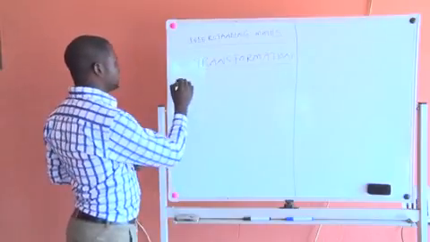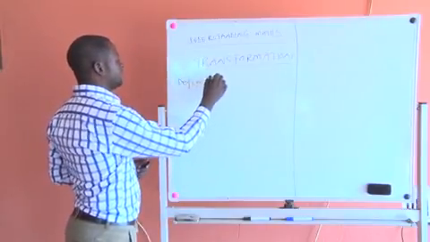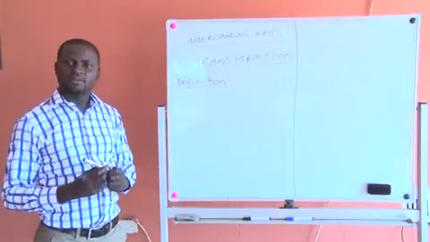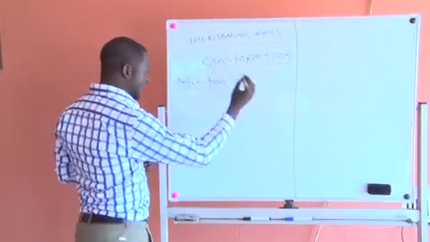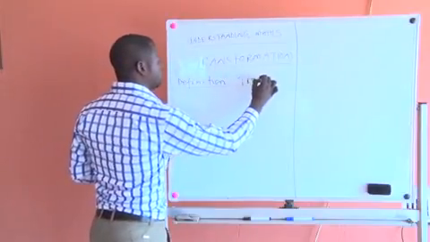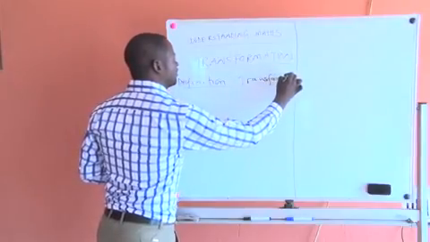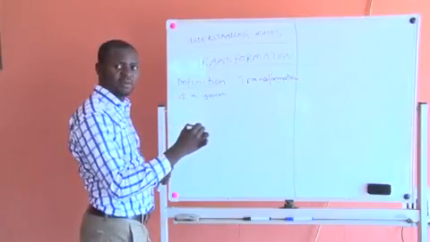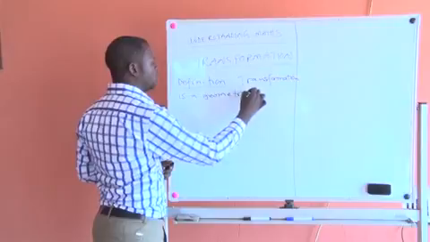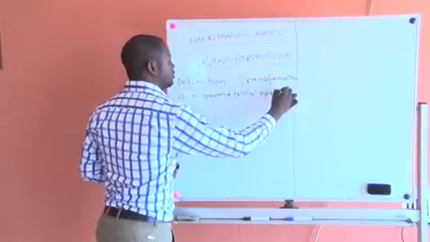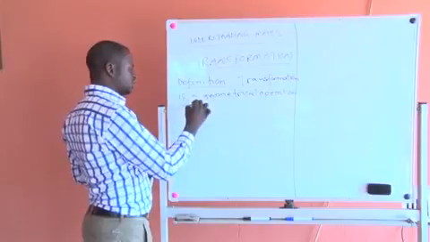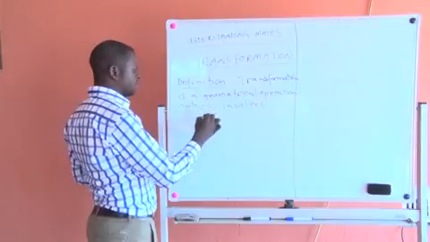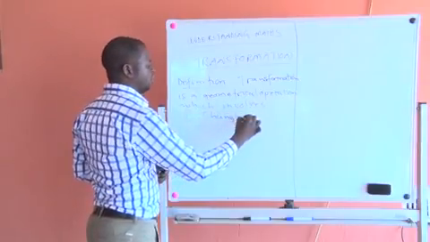So we are going to start first of all by defining what transformation is. To transform simply means to change. So I'll define transformation as a geometrical operation, because it deals with geometries. It's a geometrical operation which involves number 1, change of position.